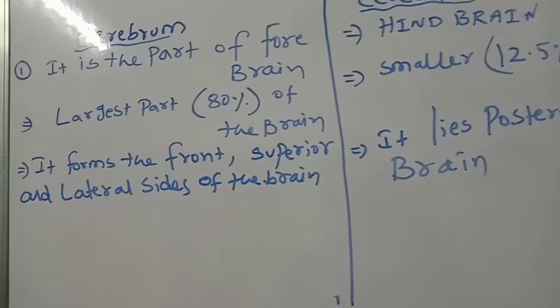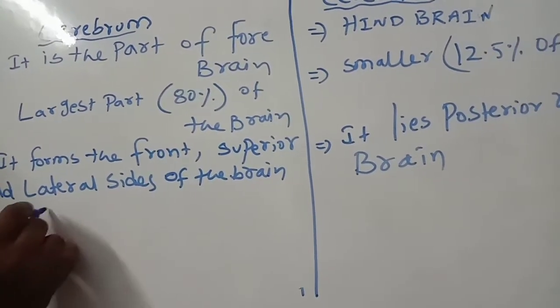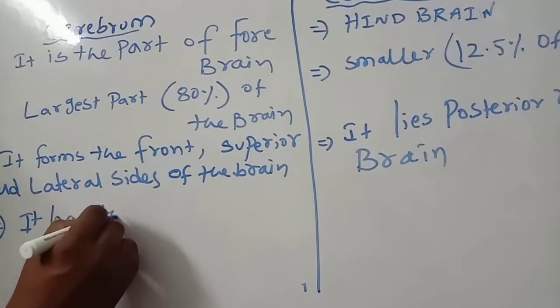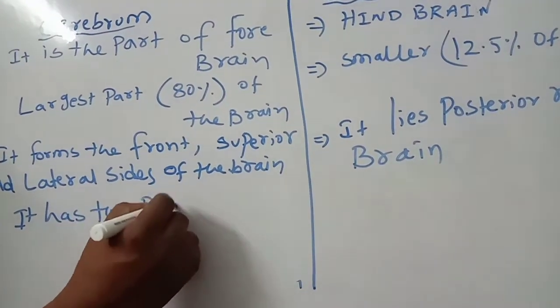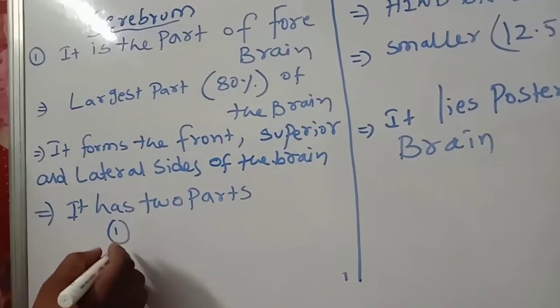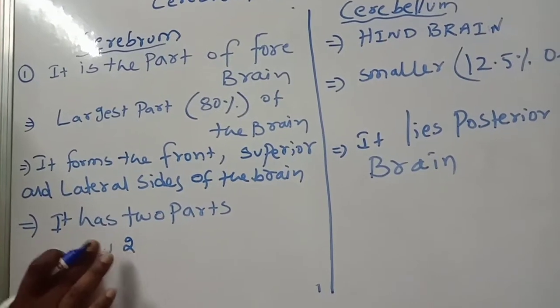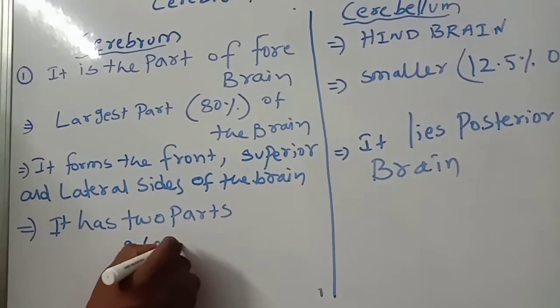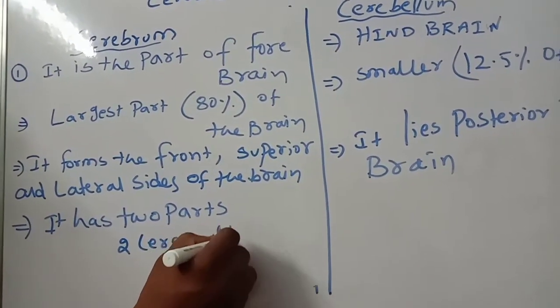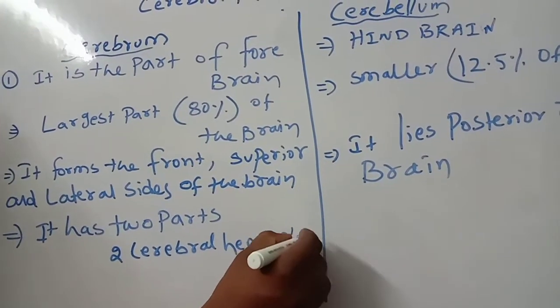Next one. The cerebrum has two parts. What are the two parts? Cerebral hemispheres, two cerebral hemispheres. These words you have to remember.